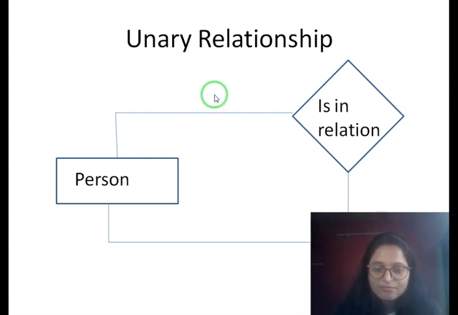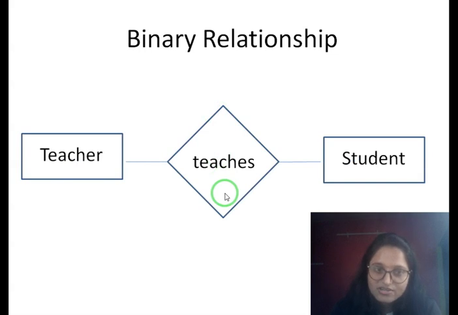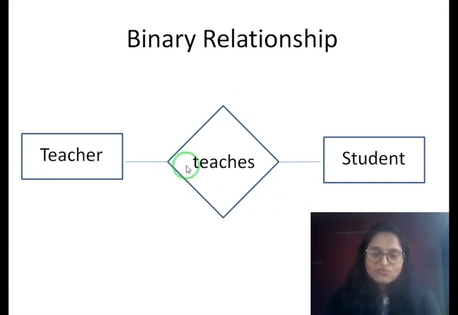Next is your binary relationship. So let's take an example. A binary relationship always happens in ER diagrams. You will find in every example there are binary relationships. So teacher and student, suppose these two are the entities, and an entity is always shown in a rectangle, and a relationship is denoted by a diamond shape. We will cover in the next video how to draw ER diagrams.